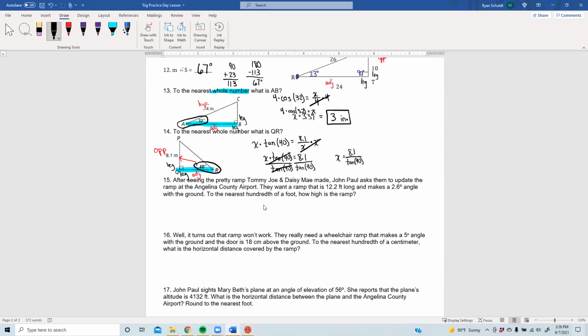Calculator gives us 9.65. But they ask us to go to the nearest whole number. So what whole number is closest to 9.65? 10. This is going to be 10 meters.